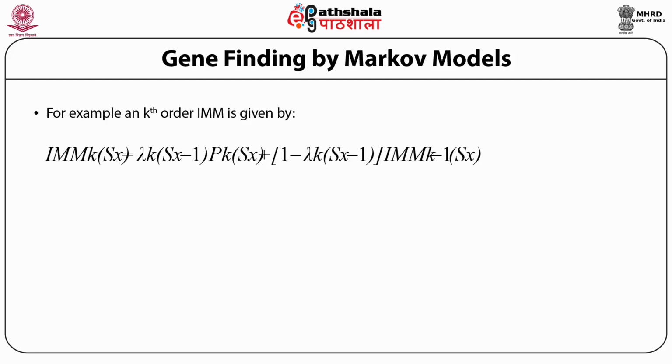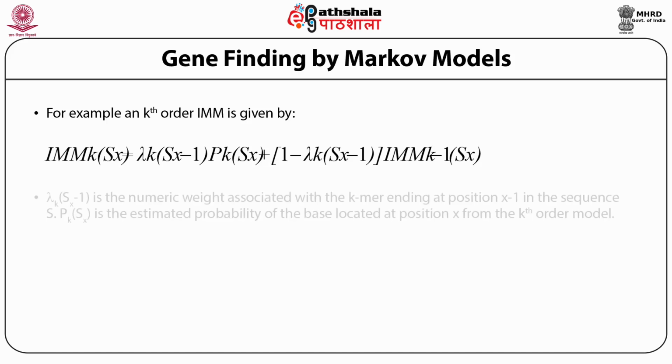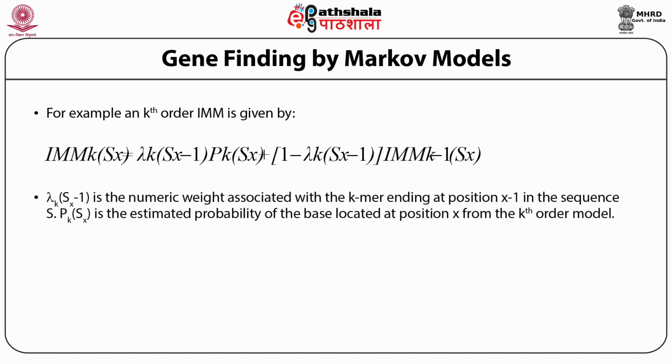If I have enough statistics, I use the weighted function for the highest order possible. If I do not have it, then I use one order lower, and I can go on recursively like this, as many orders below as I have to go. But the lambda k is a numeric weight, and this weight also needs to be trained.